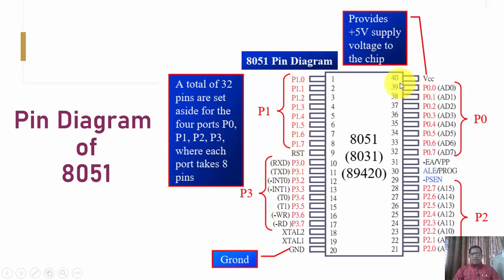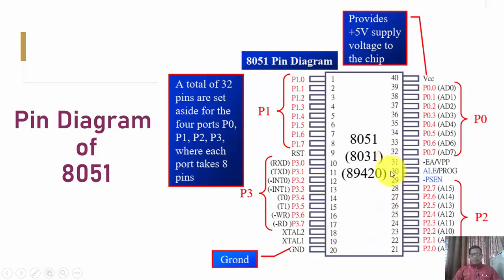The two pins used to fulfill the power supply requirement are indicated here: VCC, that is pin number 40, and ground, that is pin number 20. The next two pins are set aside to fulfill the clock requirement, that is pin number 18 and pin number 19.